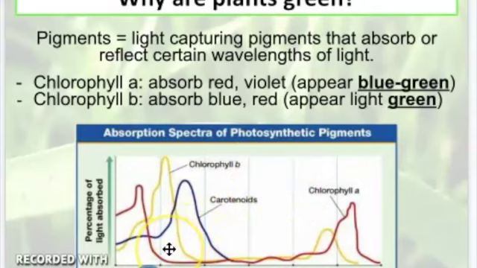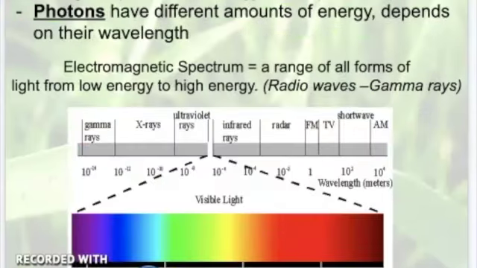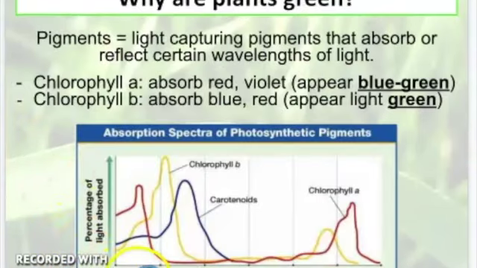So if we actually look at these trends, we focus on chlorophyll A and chlorophyll B. Looking at chlorophyll A, we have wavelength down here, and we have the colors of the wavelengths. So this is just like this visible light spectrum that we looked at. Okay, so we have wavelength versus percentage of light absorbed.